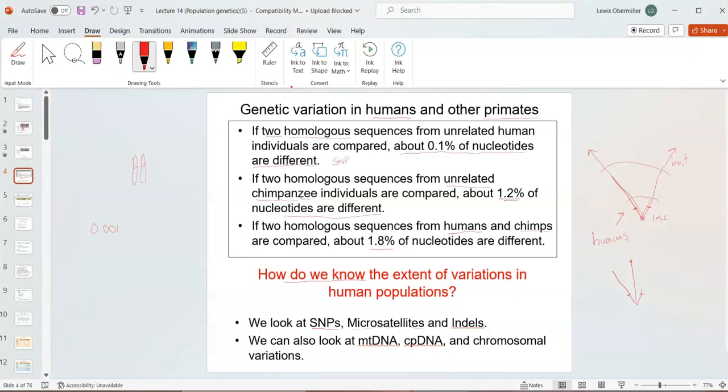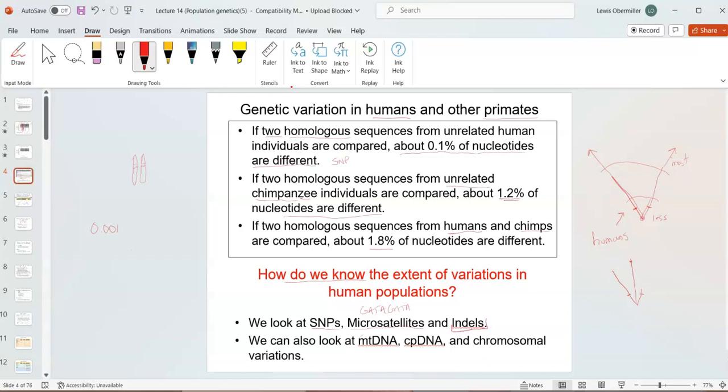We look at the microsatellites that we talked about, right? Those small repetitive elements, like GATT or GATA, and then they repeat GATA. So there's trinucleotide, tetranucleotide, dinucleotide repeats. And then we look at insertions and deletions.